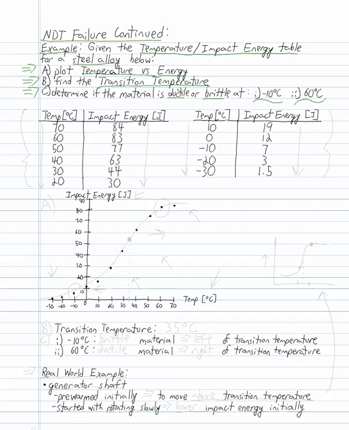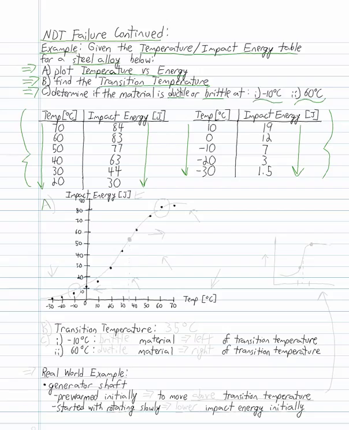First off then, we'll start by looking at the table, which we can see in part there, as well as the rest of it over here. And our temperatures range down from 70 degrees Celsius to negative 30 degrees Celsius, with impact energies ranging from 84 joules down all the way to 1.5 joules.